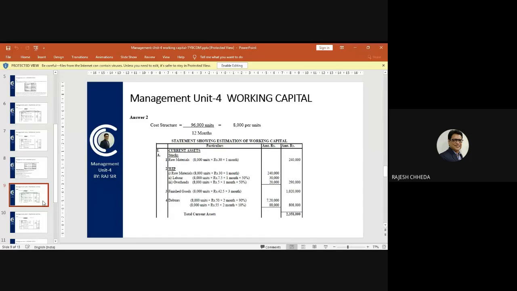So I have done the calculation 8,000 into 50 into 2 months multiplied by 90%, because that was normal. But 10% was not at 50 rupees, but at 10% plus. So it was not 50 rupees, but it was 55 rupees. So this is something new which we are learning in question number 2.